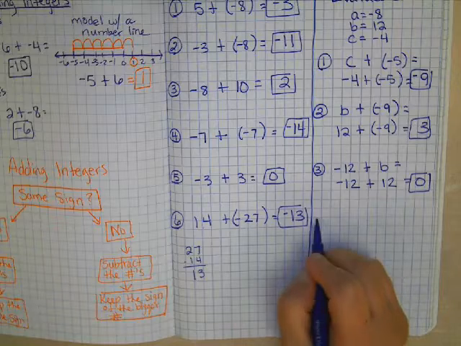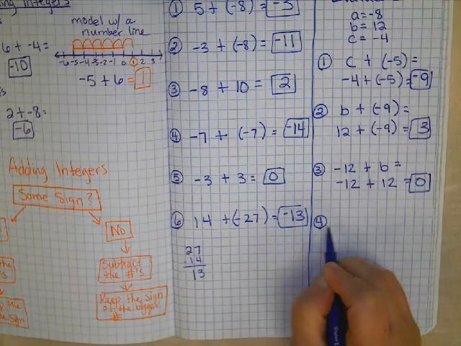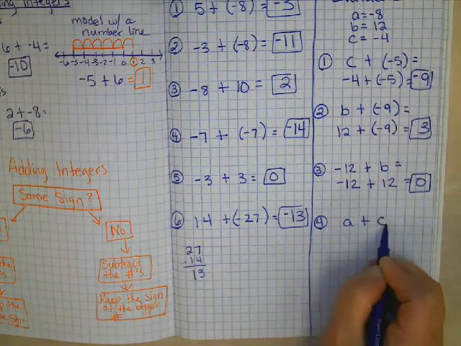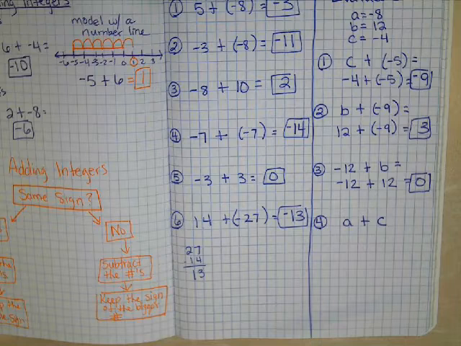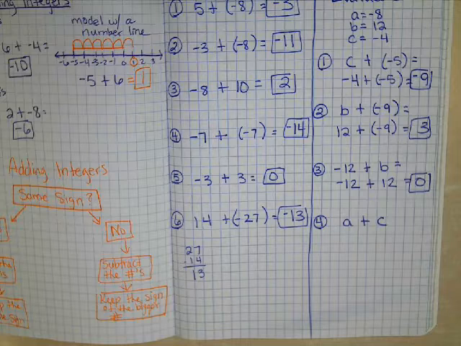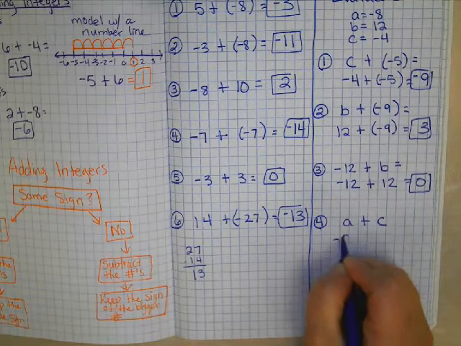2 more. Number 4, A plus C. Pause the video in order to solve this problem. When you're ready, press play to see the solution. A is negative 8.